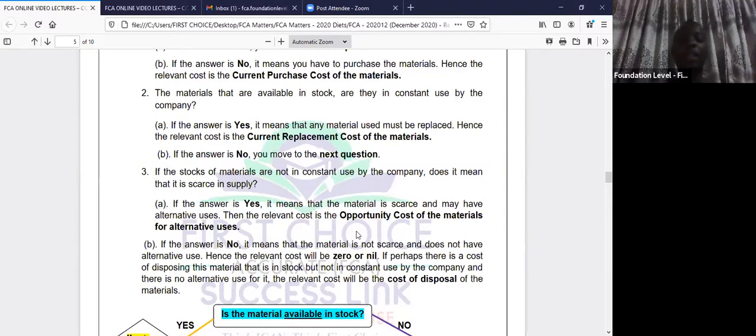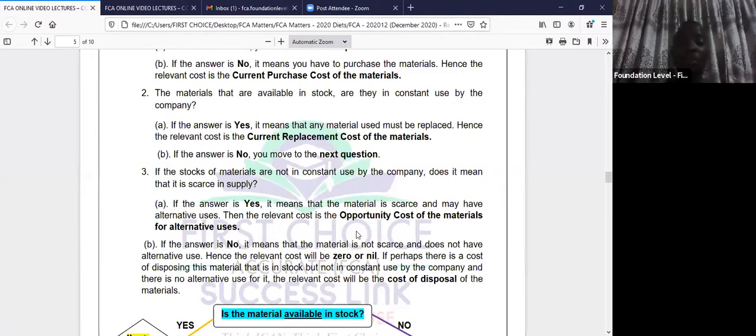But now let's say that you say that, okay, you have no use for it. But if you don't use it for this project, you have to dispose it. So if you have to dispose it, it means that the cost of disposing the material is the opportunity cost. Let's say it's a material that normally costs 50,000 naira in the market.